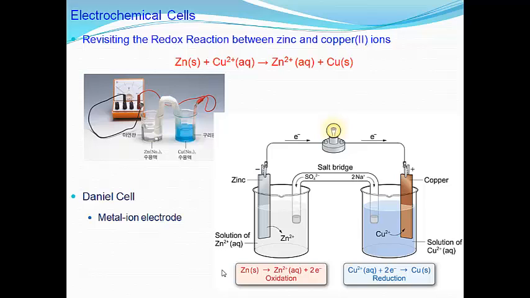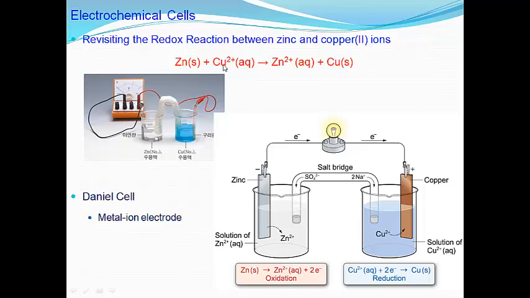Now, the reactions that we were looking at previously, where we had the magnesium submerged into the copper sulfate, essentially we can, instead of using magnesium, use zinc, as shown in this reaction here.